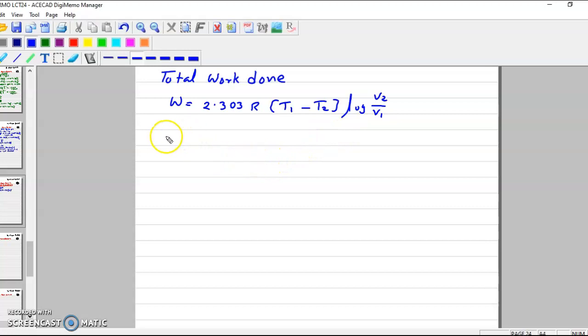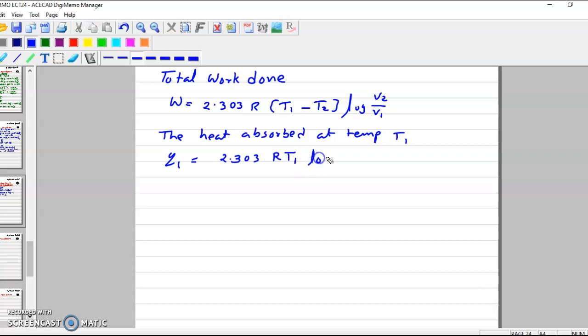And the heat absorbed at temperature T1, that is Q1, is equal to 2.303 R T1 log V2 upon V1 according to the Carnot cycle.